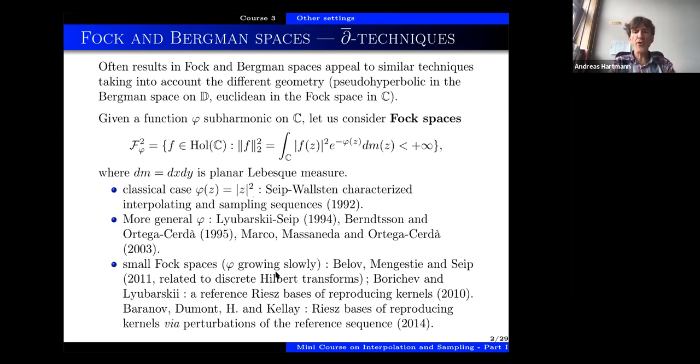So if you perturb these reference Riesz bases from the paper by Lyubarskii and Borichev in the right manner, then you still get Riesz bases, and this is kind of optimal. It's in the spirit of this Ingham-Kadec theorem that I mentioned in the very first lecture. Okay, this is some history for these spaces.